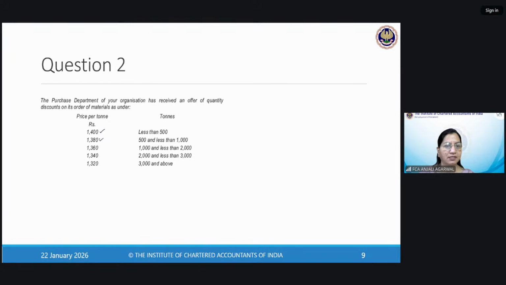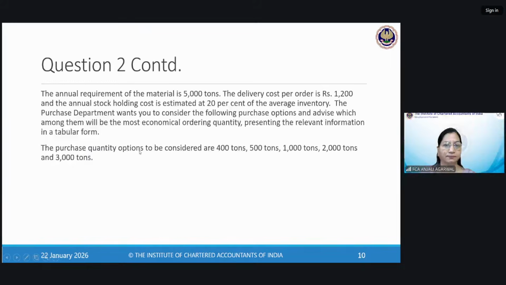So there are successive discounts. As the number of units keeps on increasing, the price of the raw material keeps on decreasing. If you order 2,000 and more, but less than 3,000, he will charge you 1,340. And if you place an order of 3,000 or above, he will charge you 1,320. So there are successive discounts.